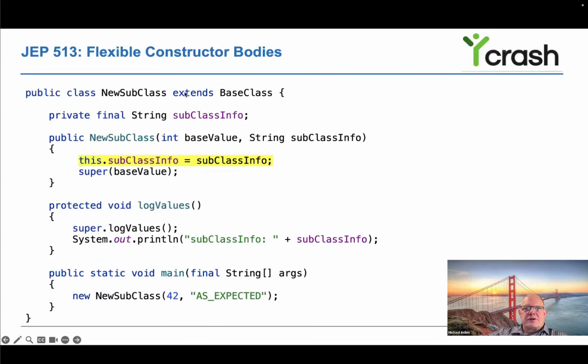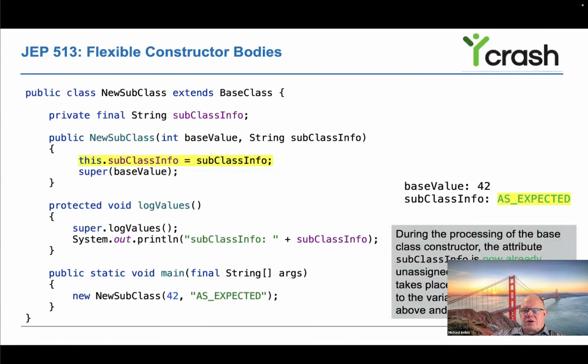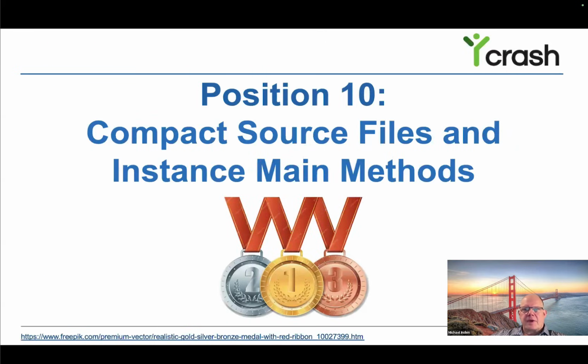And flexible constructor bodies allow that you perform parameter checks and even access your own attributes before calling super. So you can access your own elements, so you can assign this, and then everything works as expected. A better idea is not to call protected methods or public methods in the constructor, using abstract factory or other ways to construct your classes.